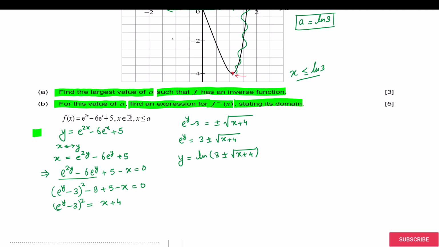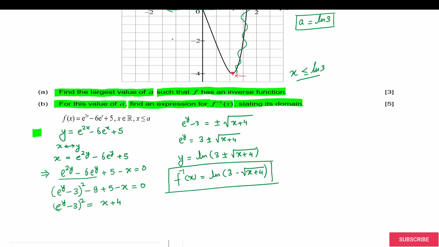So this function should not be more than ln 3, which means we have to choose the negative sign. So f inverse x is ln of 3 minus the square root of x plus 4. That's the expression for f inverse x.